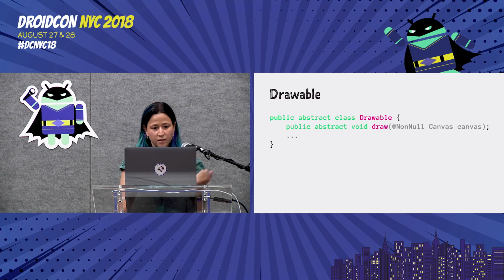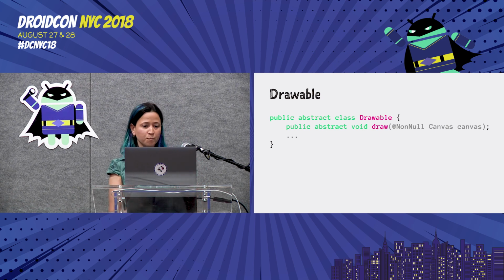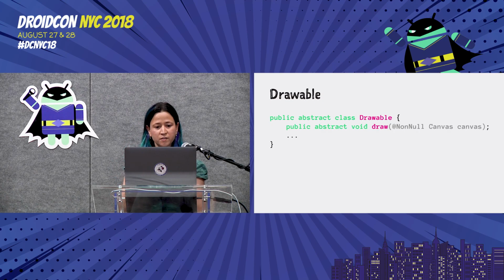It's an abstract class, extended by concrete classes, and they all override the draw method. The draw method will tell the drawable how to draw itself, what shape to create, or what bitmap it contains, and it will send that to the canvas that it receives here in this draw method.